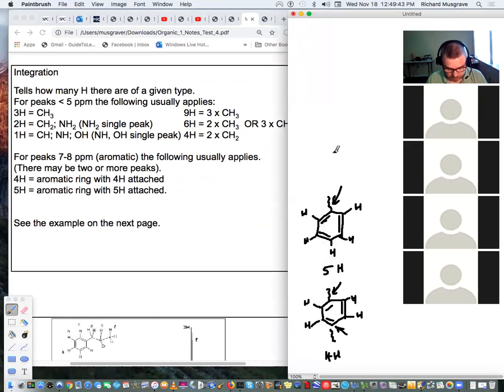I'll take this back to what I had said earlier, the NH2 and the OH. So let's talk about that a little bit. Let's say we've got this compound here. The spectrum is going to look something like this.